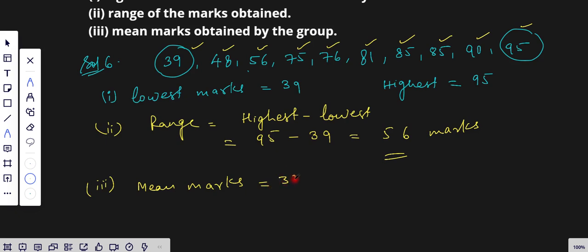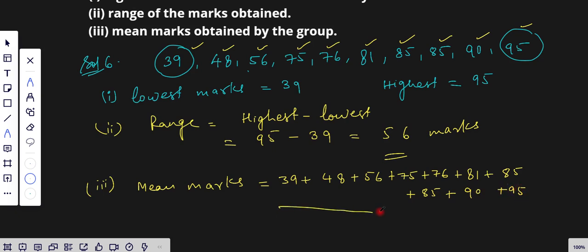So you will write 39 added with 48, 56, 75, 76, 81, 85, then 85, then 90 and 95. First you need to add all these values and then divide by 10, the total number of observations, right?